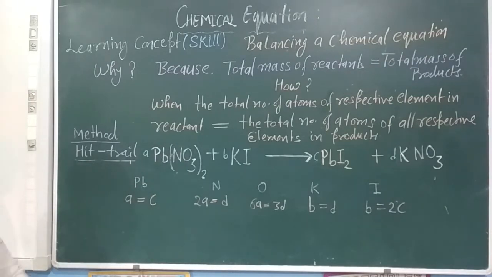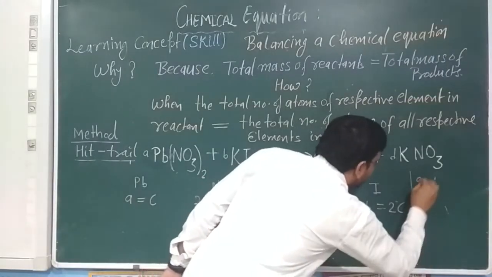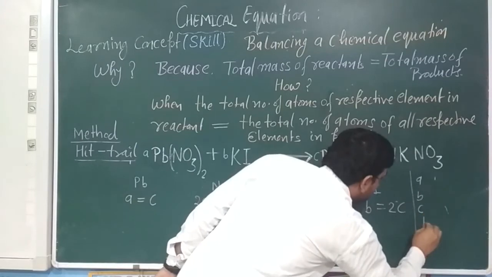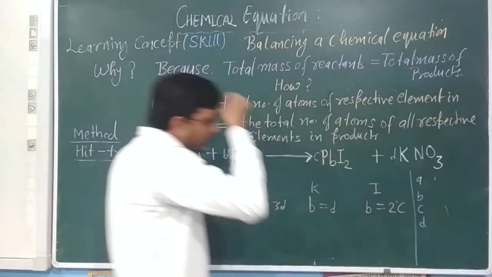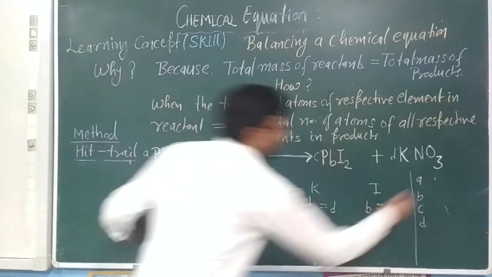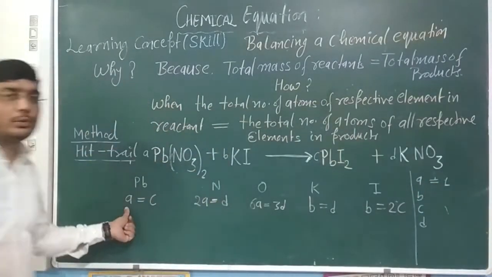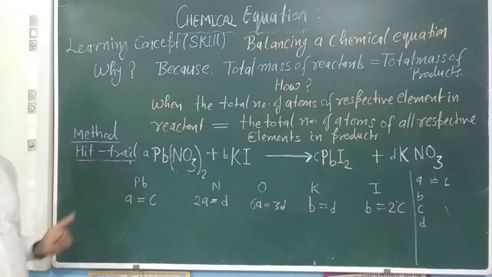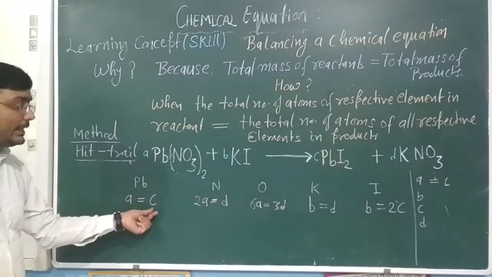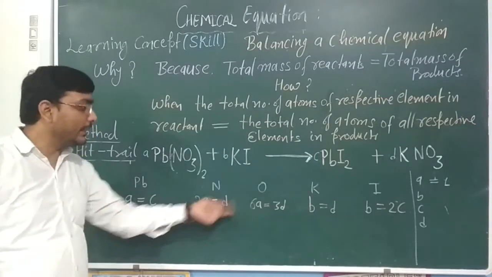Here, just let A, B, C, D be the variables. Suppose the value of A is equal to 1. Anything you can suppose, 1, 2, 3, 4, with any variable. Instead of A you can take C, or D, anyone.